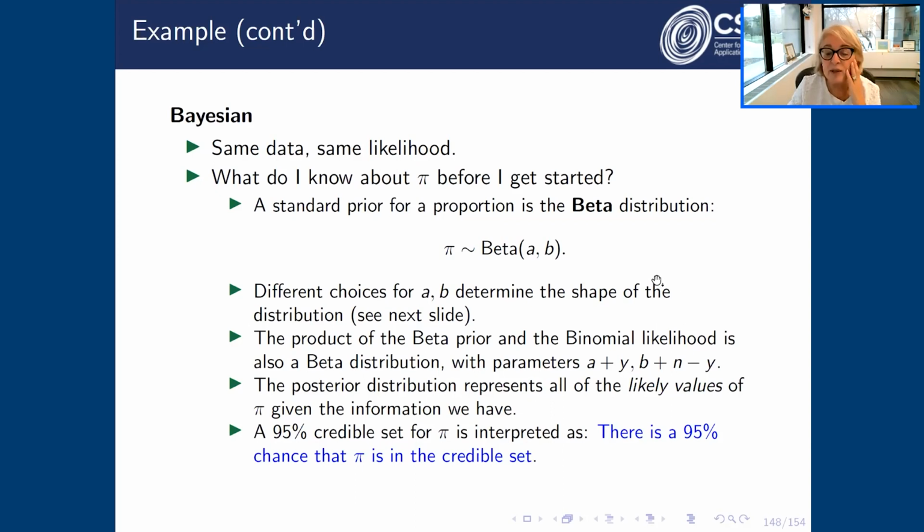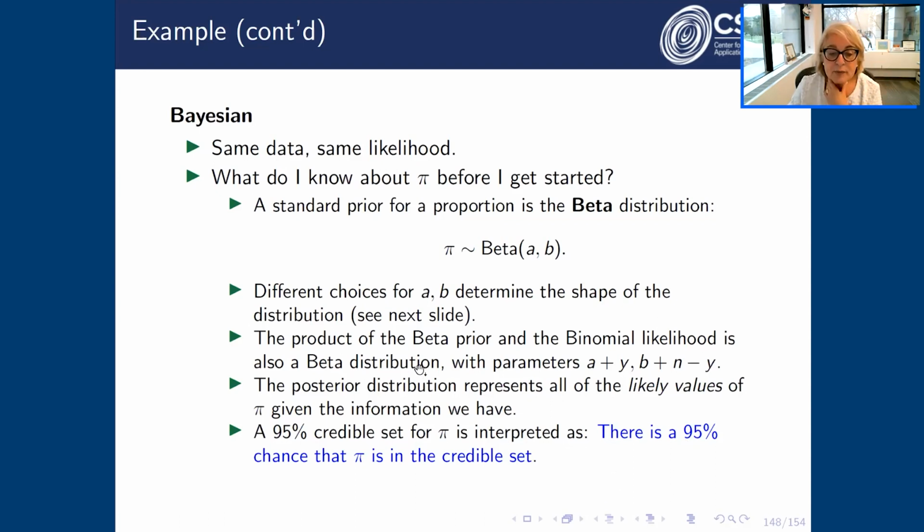And the question is, what are the parameters of that beta? It turns out it's very simple to compute. It's going to be a beta distribution with parameters A plus the number of successes, and B plus the sample size minus the number of successes. And we'll see examples in a second.